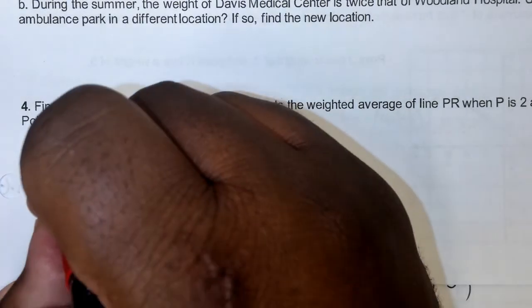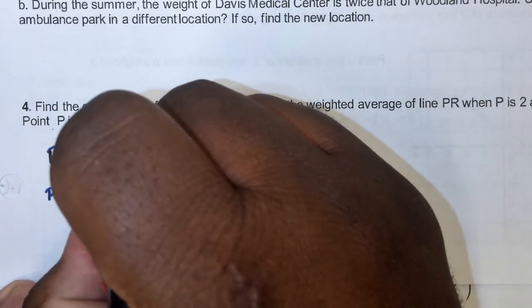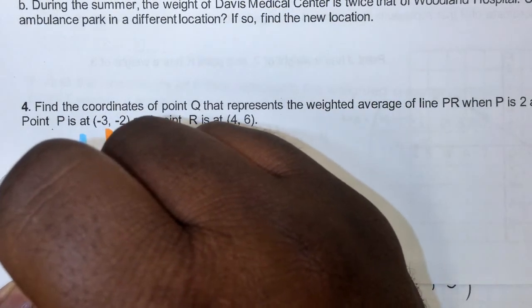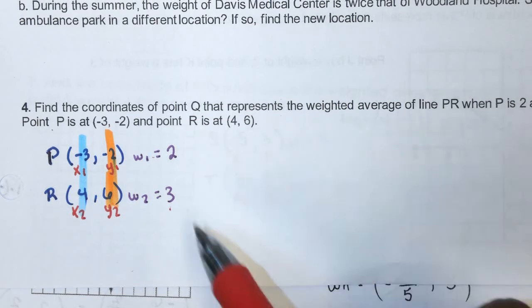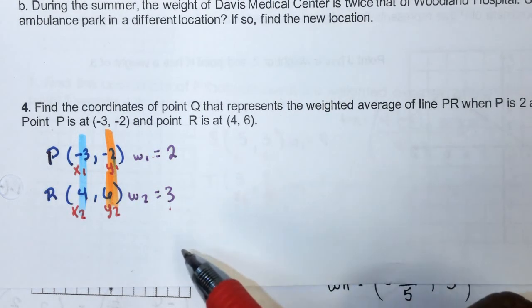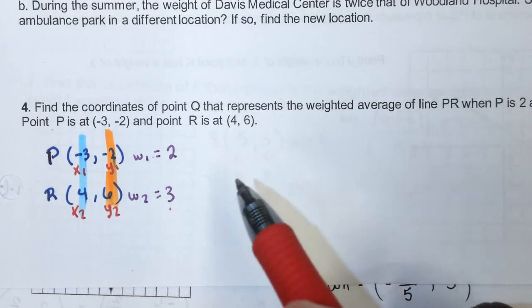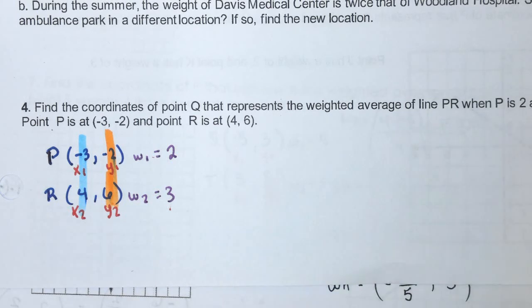Those are my 2 weights. You probably could have read that yourself, but not all the weights will be something versus 1. It'll be whatever they tell you. It could be 5 and 2, it could be 3 and 4, whatever weights they tell you, no matter what. Just use the formula, solve. Alright.